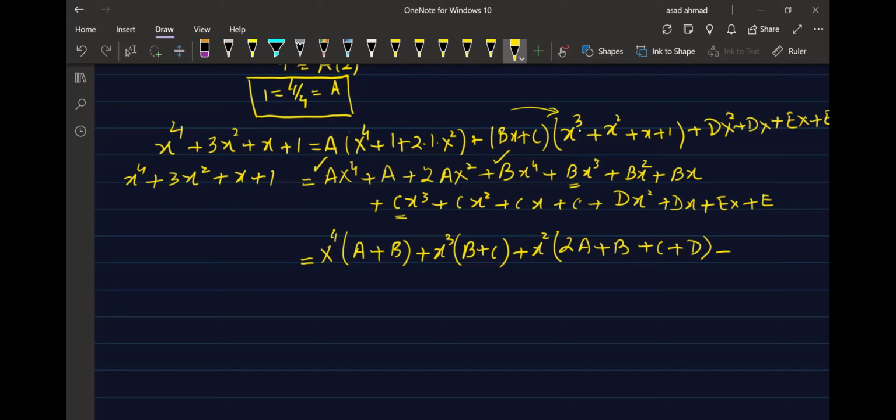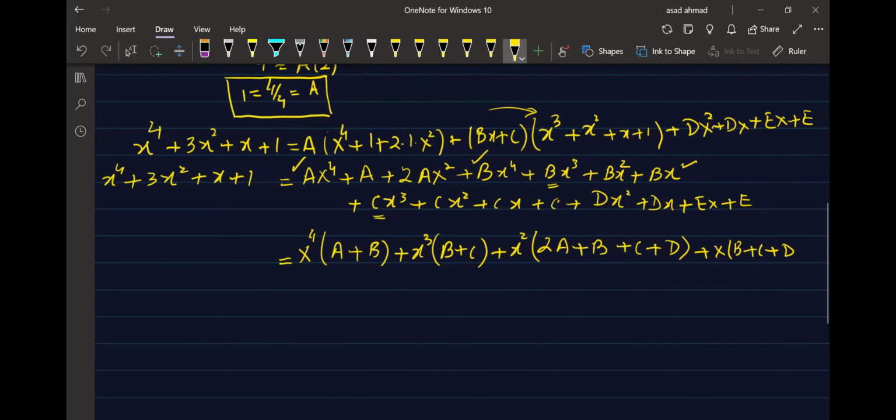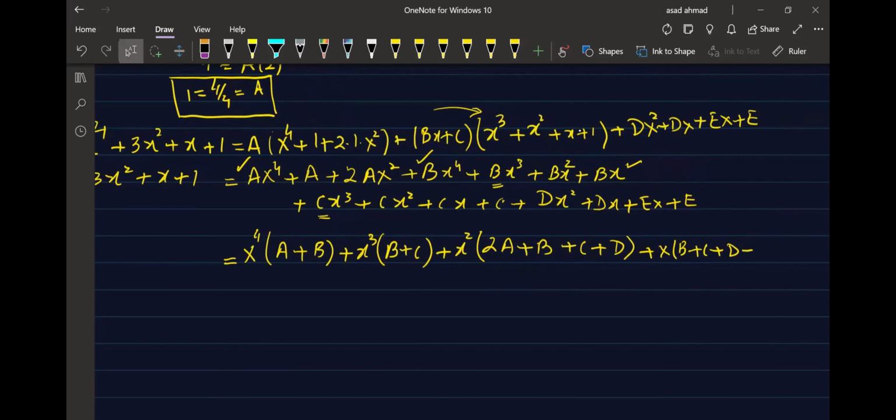Next will be taken as x common. So we will have b, this is bx, and then we will have one term c, one term involving d, and one term involving e.